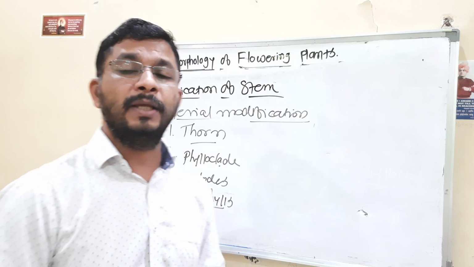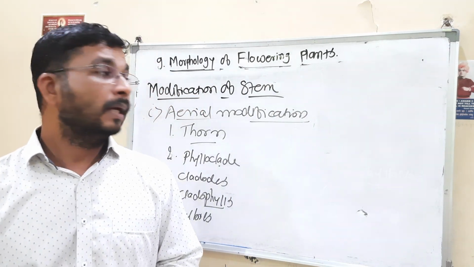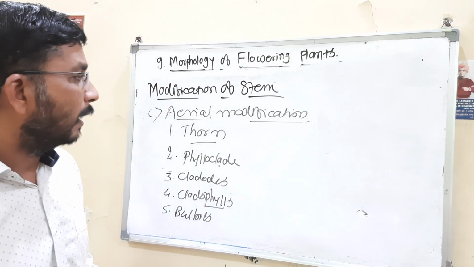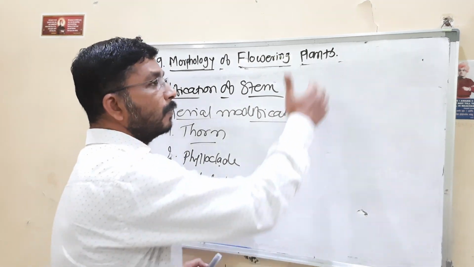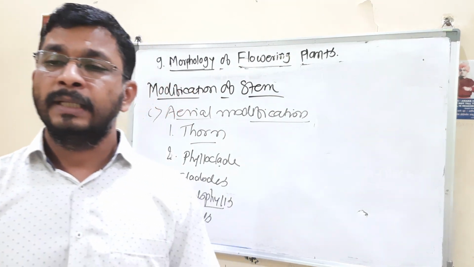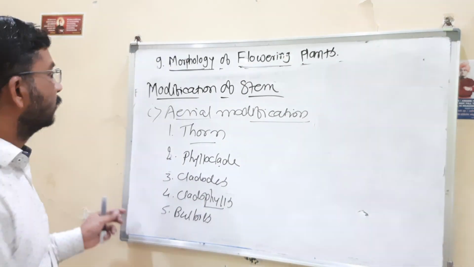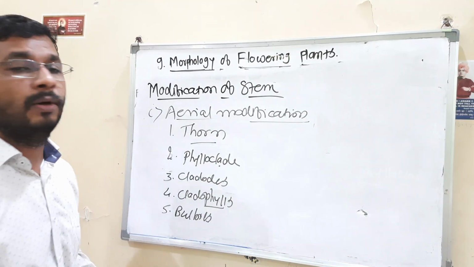That tendril gives mechanical support to that particular plant, and the plant can grow upward and upward with the help of that support. This is all about today's topic, that is modification of stem.